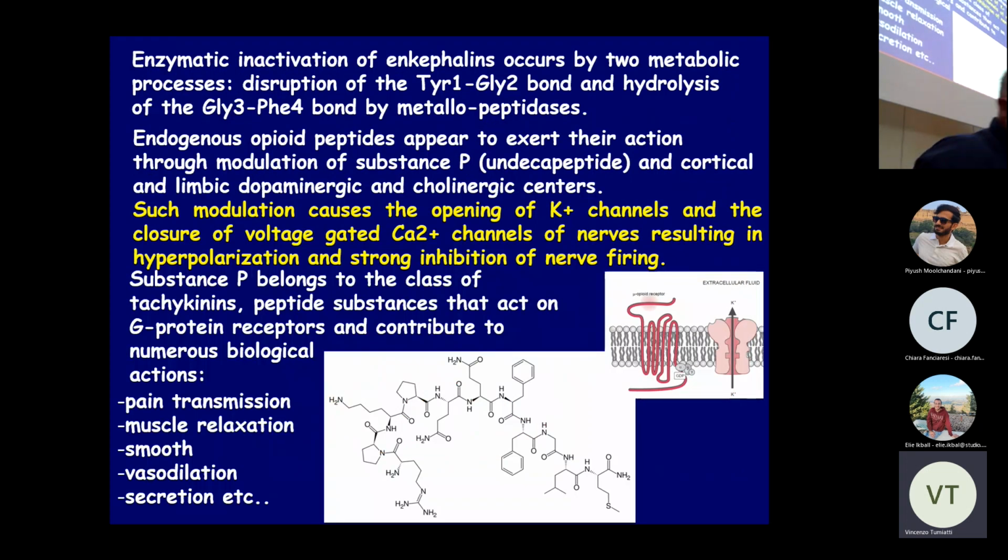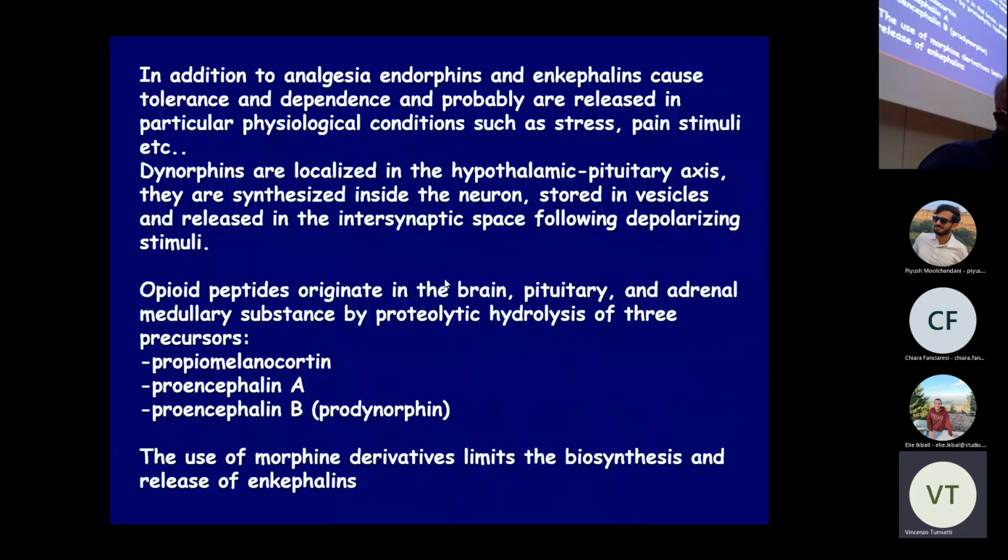This compound, morphine, and the related compounds are able to block the release of this substance, which is an undecapeptide, 11 peptides in a chain. This compound is responsible for the pain transmission. Okay.